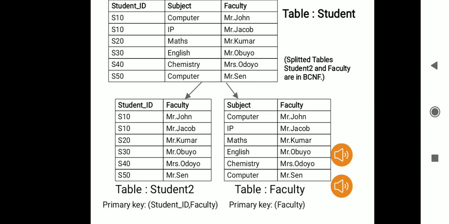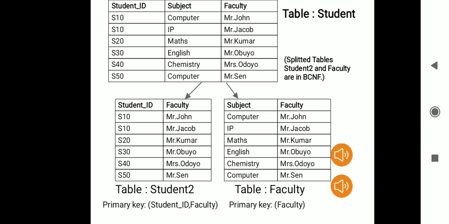Now look at the two tables, student and faculty. In the table student, the attribute faculty was a non-key attribute, whereas the attribute subject, being a part of the composite key, which is student ID and subject taken together, is the key attribute. The non-key attribute faculty determines the key attribute subject.